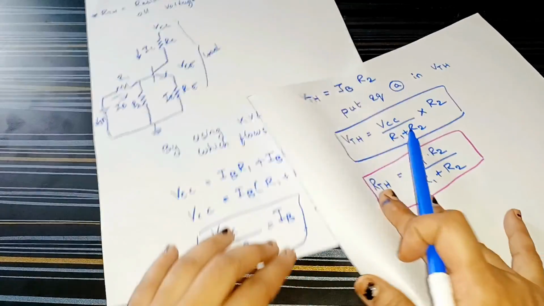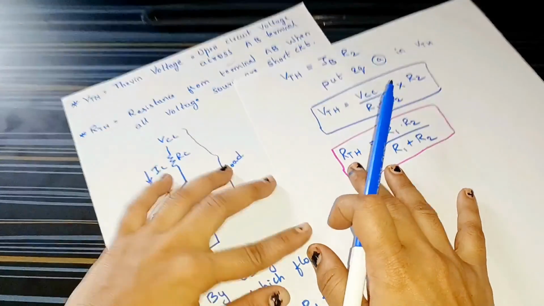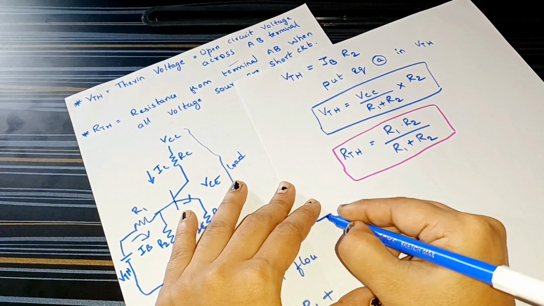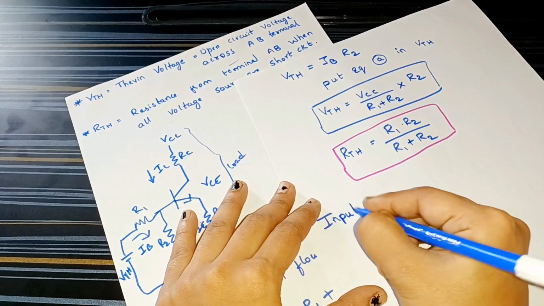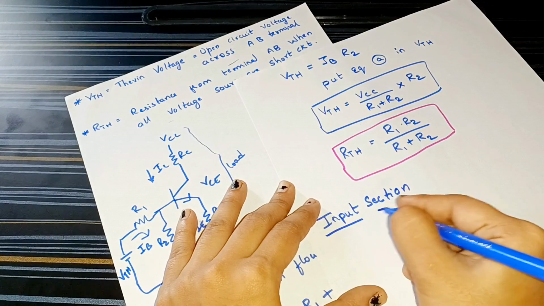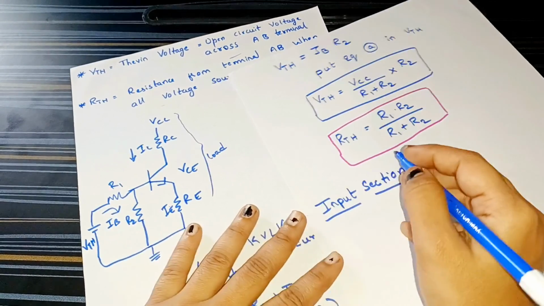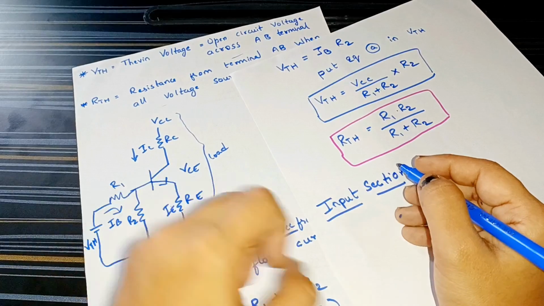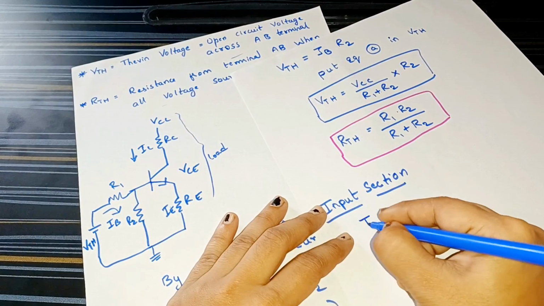Now we look at the input section, from VTH to VBE.